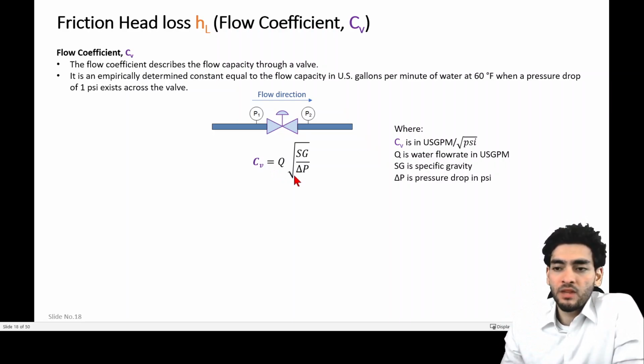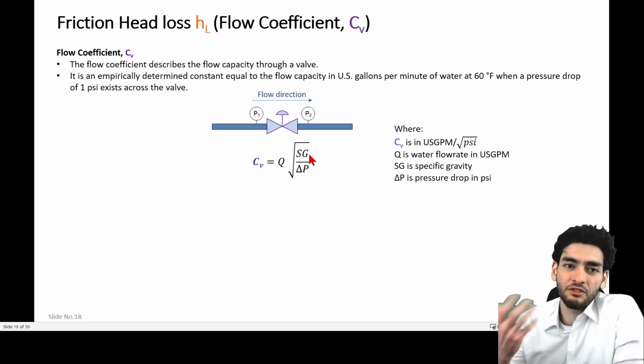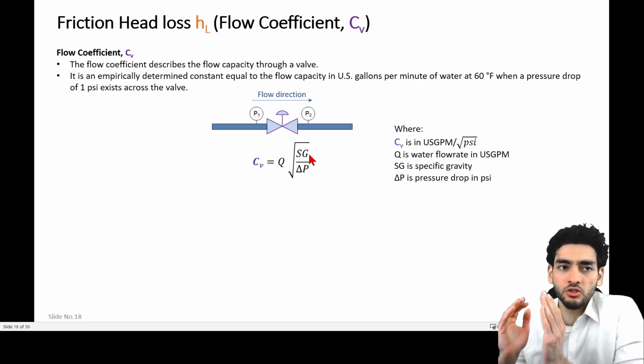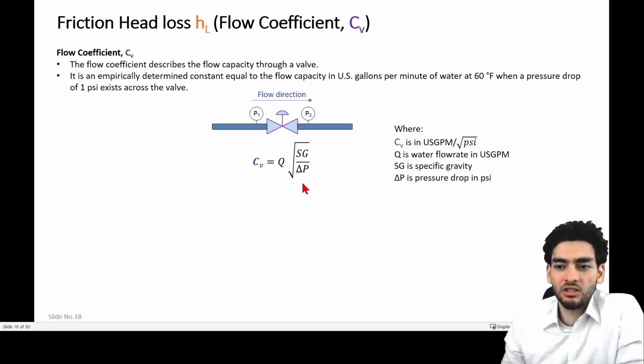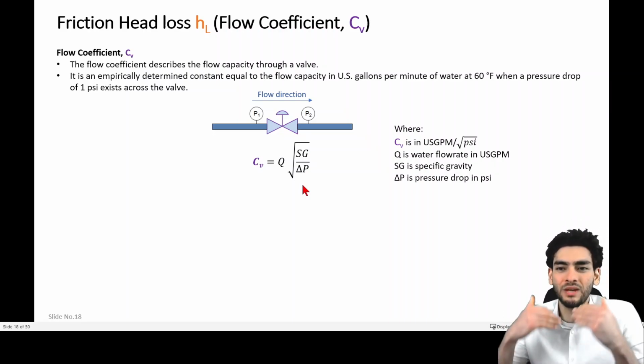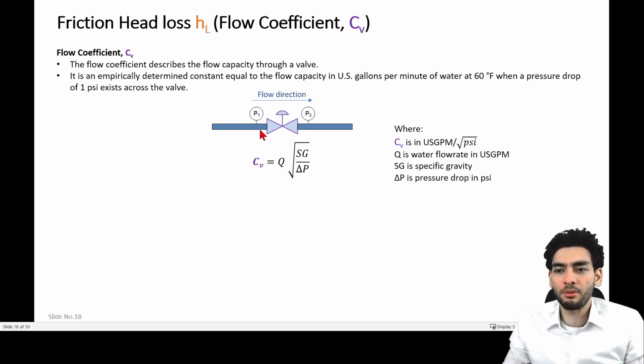Essentially, the equation that you would use to calculate the flow coefficient is this equation, where you multiply the flow rate with the square root of the specific gravity of the fluid divided by the pressure drop. The manufacturers of valves calculate the CV based on the flow rate that it would take for a pressure drop of 1 psi to develop across this valve.